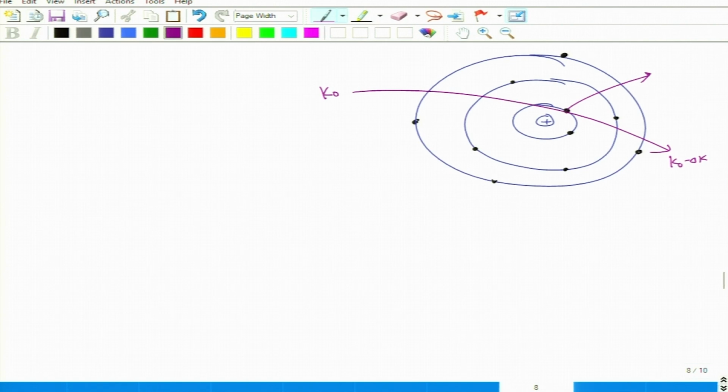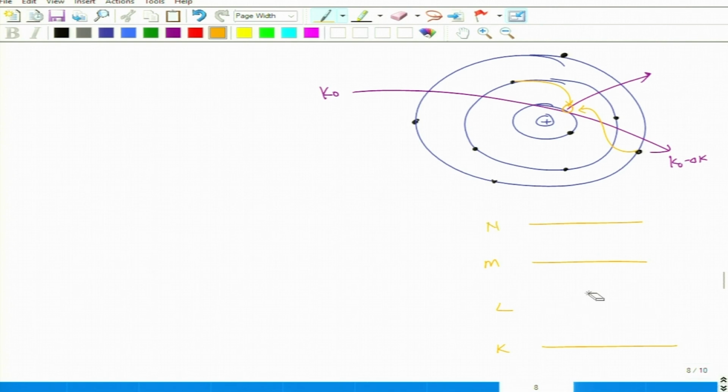That's why there will be a vacant spot in the k orbit. Then if there is a vacant spot, the electrons from the higher orbit will come to fill up that vacant position. Now from the Bohr hypothesis we know, let's say this is k, l, m, n and so on.